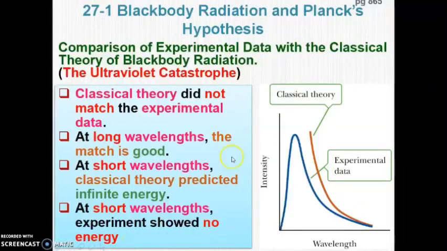When you look at this graph, same here, you have a graph of intensity versus wavelength. The blue here indicates the experimental data, and the red here is due to the classical theory.